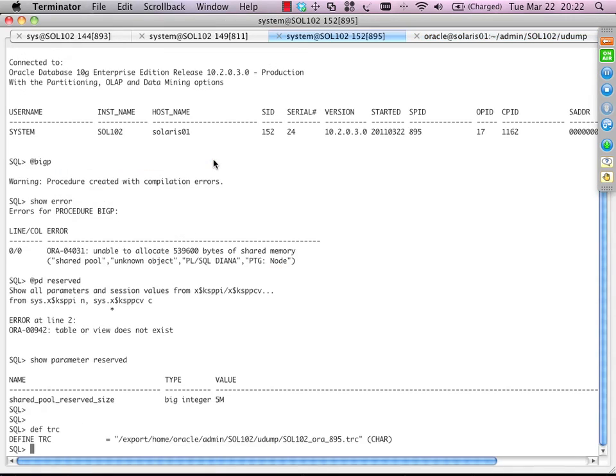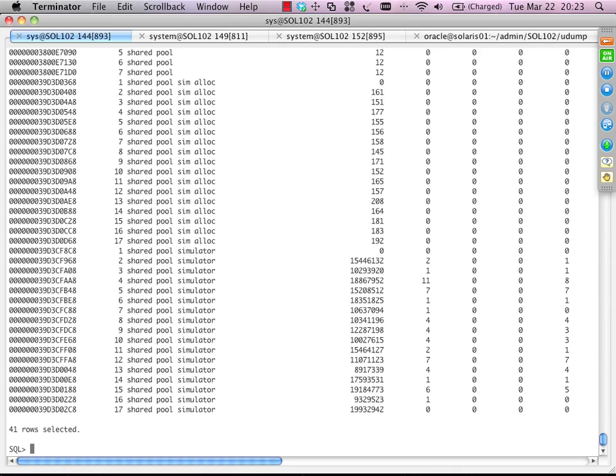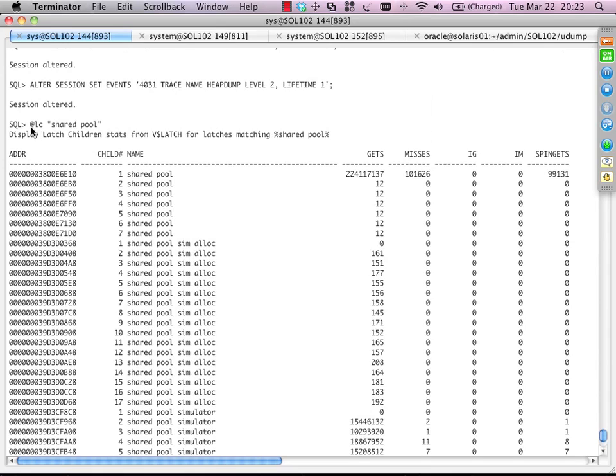Nevertheless, I'm going to show you one more thing. I'm not going to go too much into detail, but I'll show you one more thing. When I query v$latch_children, since 9.2 onwards, I will actually see that we have 7 shared pool latches.